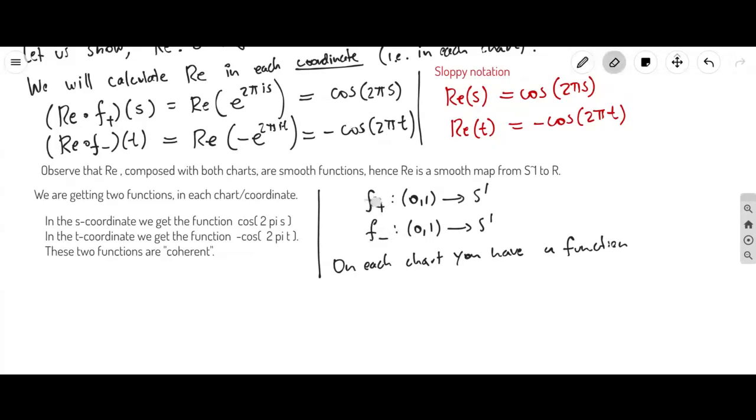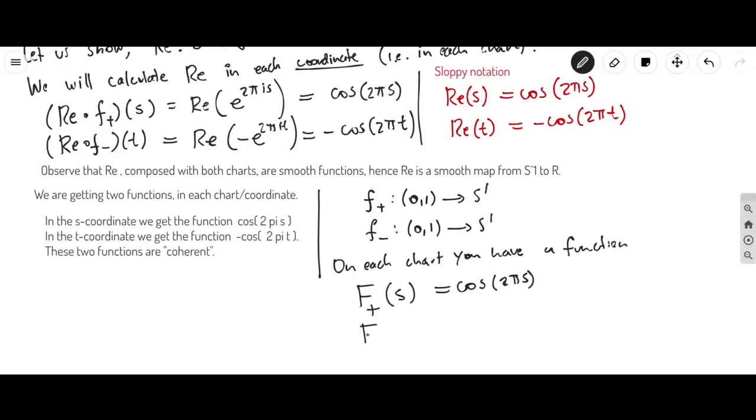So the positive function on the positive chart is going to be defined on this interval. This is cosine 2 pi s. I'm already using f, so maybe we'll call it capital F. Capital F plus is the function that's cosine 2 pi s.